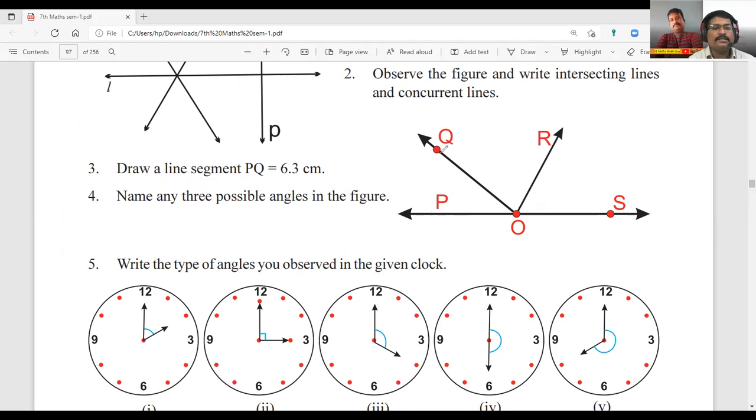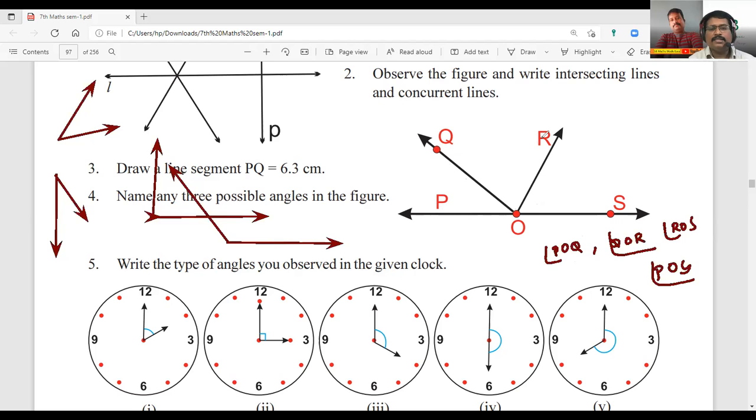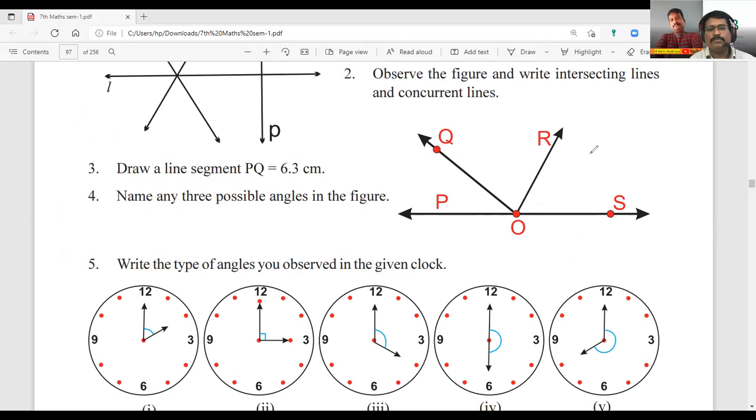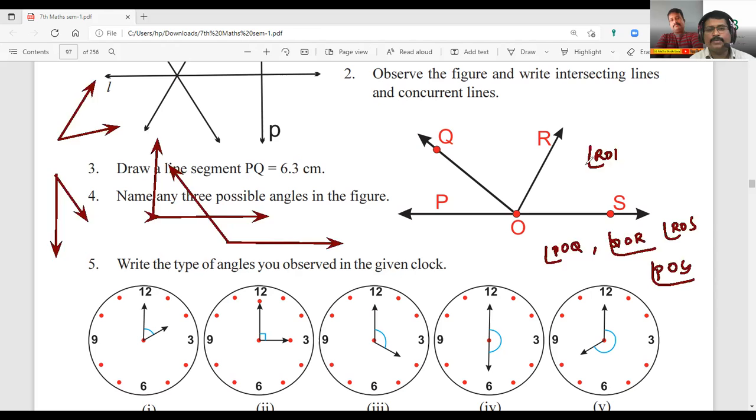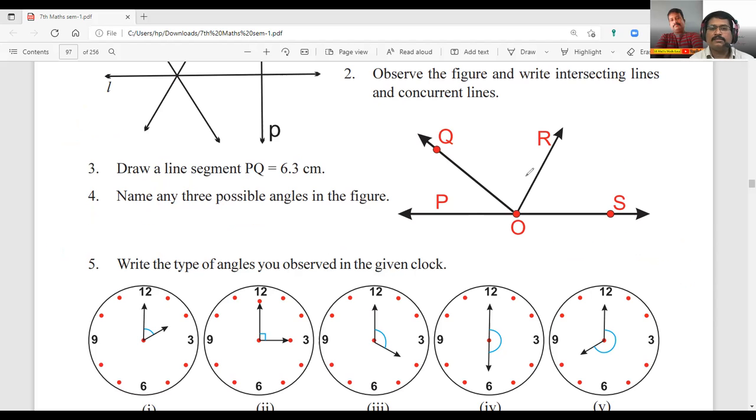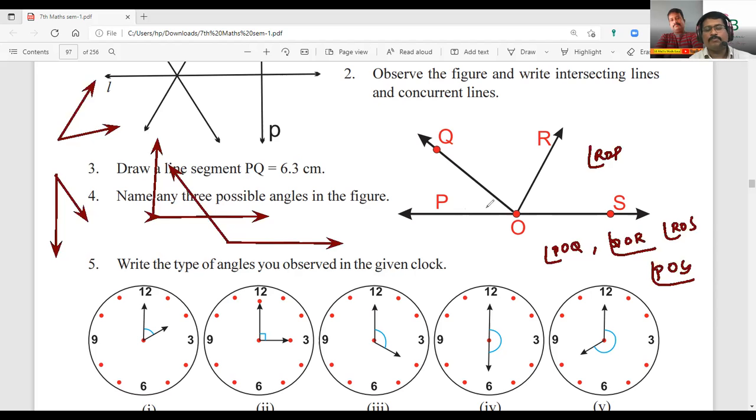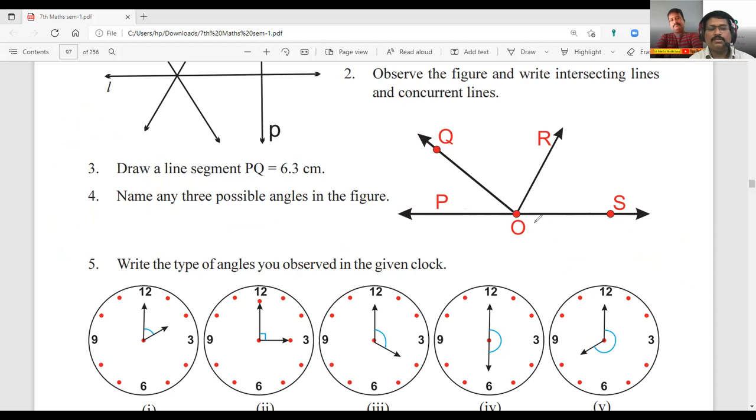So how many angles are there? QOP or POQ, whatever it may be. Next ROP also. Next SOP or POS, whatever it may be. Okay, like this. How many angles are there?